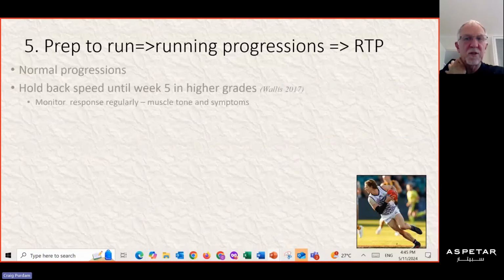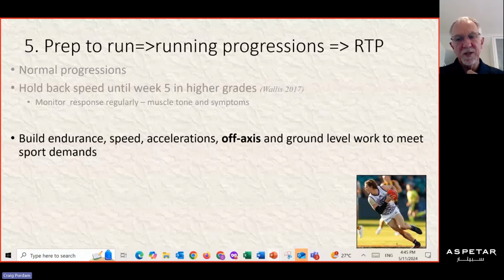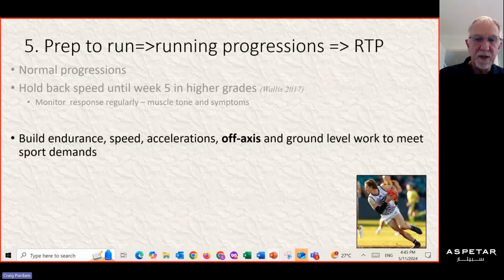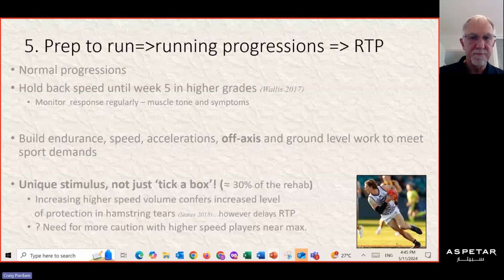Last up, we would go through running progressions, the same running progressions that you'll hear about next weekend. It's a unique stimulus, you know that. My concern is that from the eccentric type loading to then get to this high speed running, and of course we're progressing running to get there, are there other things we can do to super protect our injured biceps?